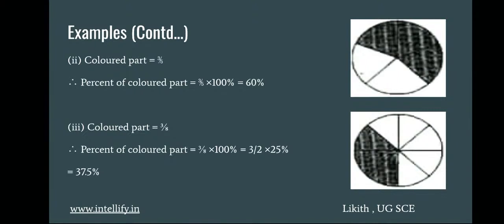It's nothing but 3 by 2 into 25, because I'm just going to divide 100 by 4. 4 25s are 100, and 4 2s are 8. So 3 by 2 into 25 is nothing but 37.5%. You can also divide it like this: 3 by 8 is 0.375, into 100 is nothing but 37.5%.